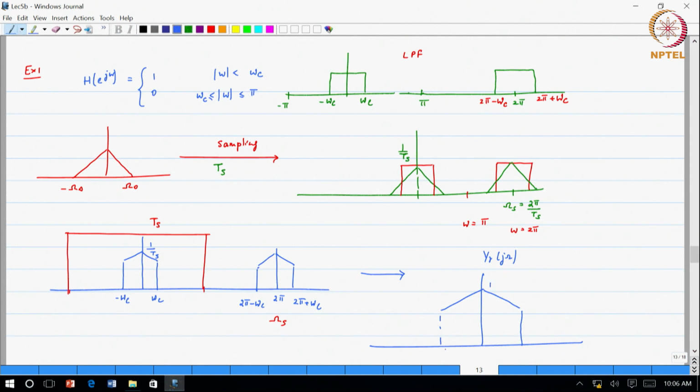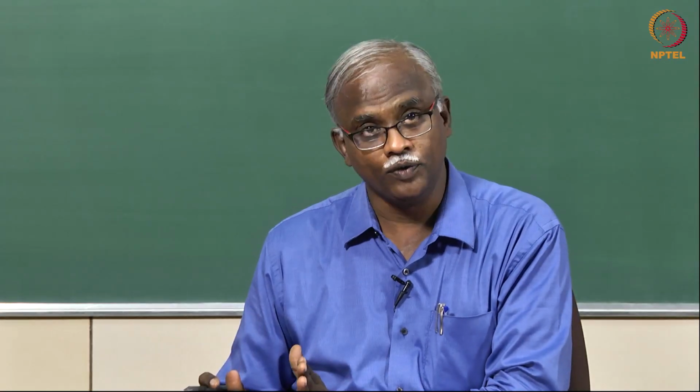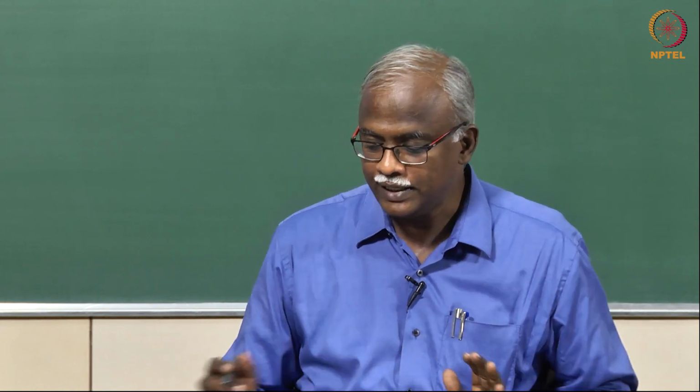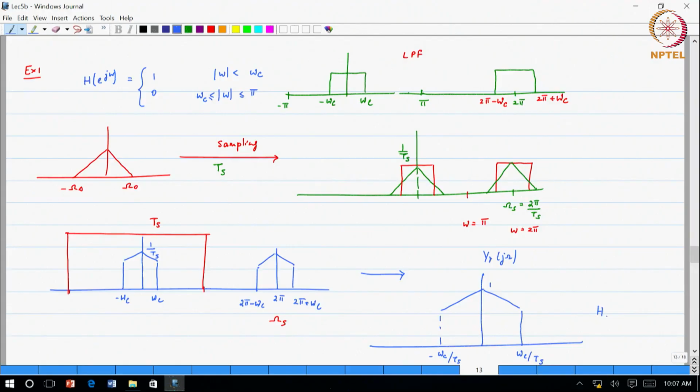This has a height of 1, and is from minus omega c by Ts to omega c by Ts. And this is the overall output response, and we will now relate this to the effective filter H effective of j omega, and this we will take up in the next lecture. Thank you.